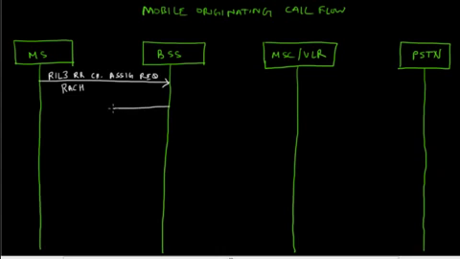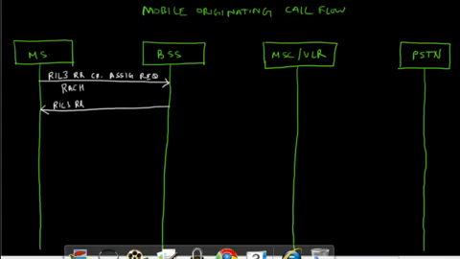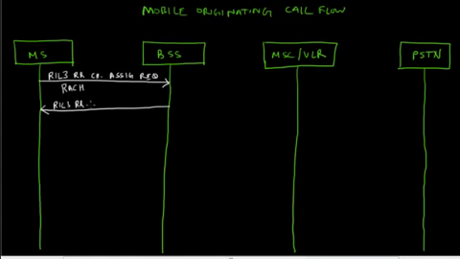The BSS sends back a response which is called the RR immediate channel assignment, on the access grant channel.